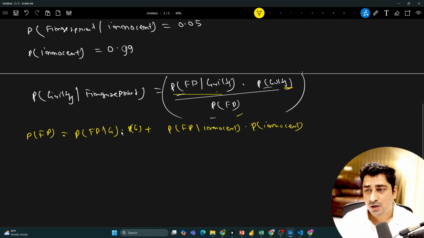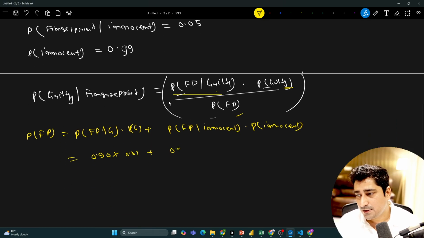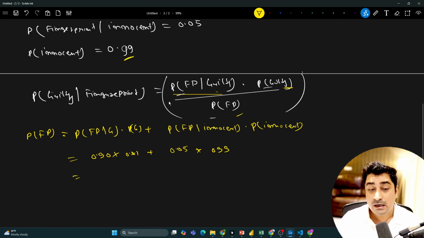The probability of fingerprint when guilty is given to me: 0.90 times probability of guilty, 0.01. The probability of finding the fingerprint but the person being innocent is 0.05, times probability of innocent. Guilty was 0.01, so innocent is 0.99. Doing the calculation, it is 0.0585. This is the total probability of the evidence.